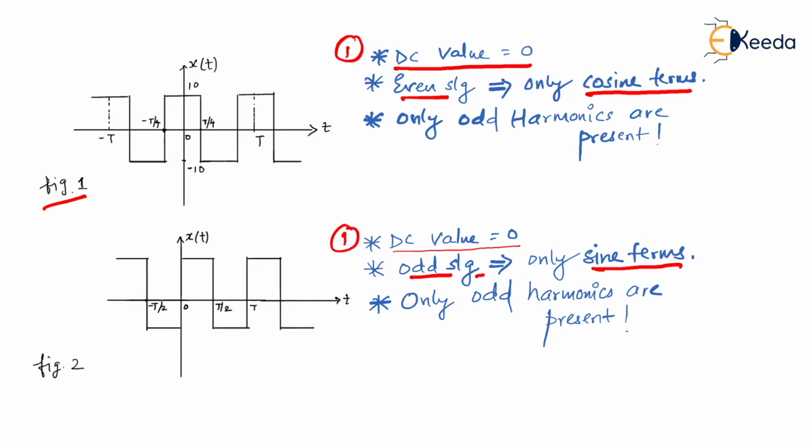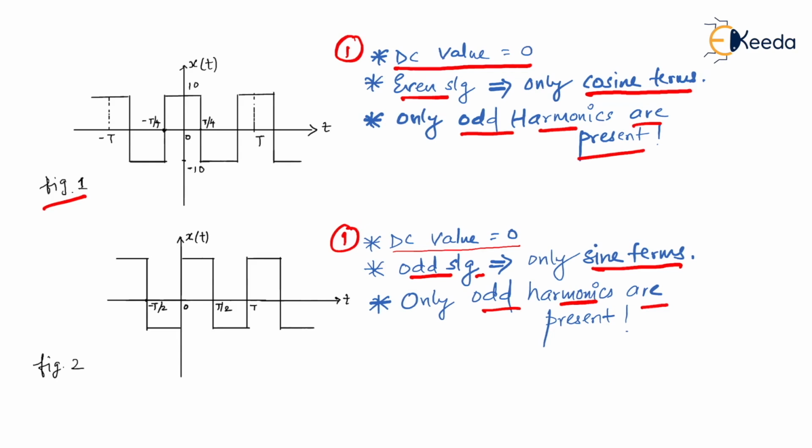Third, in figure 1, in the Fourier series we have seen only odd harmonics were present. Even in case of figure 2, we got only odd harmonics. So what is meant by odd harmonics? For example, consider the given x of t signal, whether it is figure 1 or figure 2.